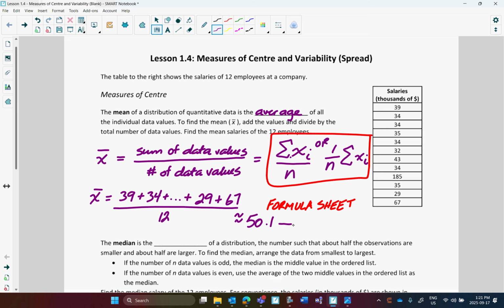But remember, units are very important in measures of center and variability. So this would translate to $50,100. That should be your final answer. You need units for mean and median, which we're going to talk about shortly, and the measures of variability.